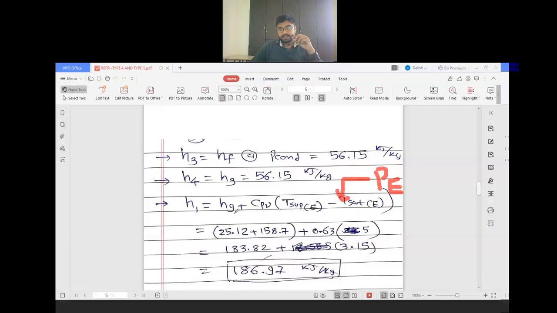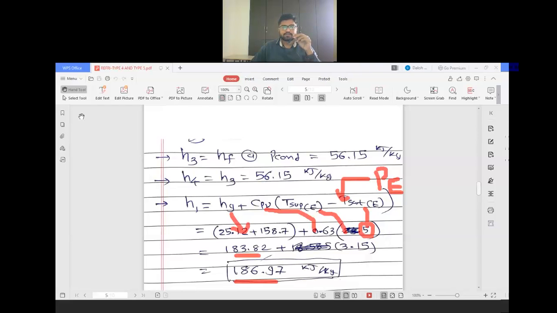Now Hg is not directly given, but Hf and Hfg are given, so we can find out Hg. Cpv value is given. T superheated evaporator is minus 9 and T saturated evaporator is minus 14. The difference is 5, so directly we have written the difference. Then just by calculation, this is the value of H1 you got.